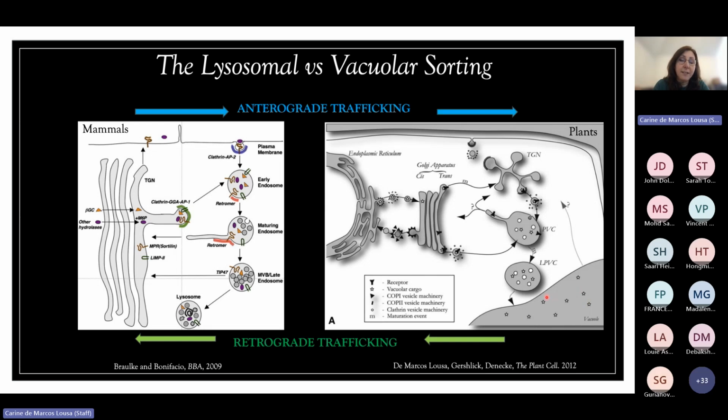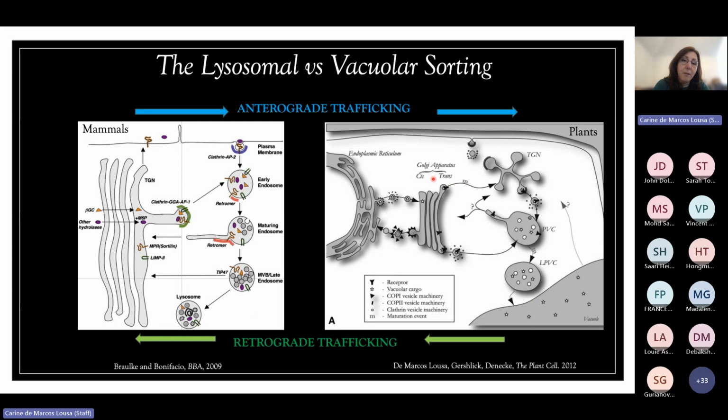Proteins destined to the vacuole are transported through the endomembrane system, and this trafficking is tightly regulated by what we call vacuolar sorting receptors. Vacuolar sorting receptors cycle between early compartments and late compartments to deliver vacuolar proteins into the vacuole, in a similar way to mammalian cells and mammalian receptors.